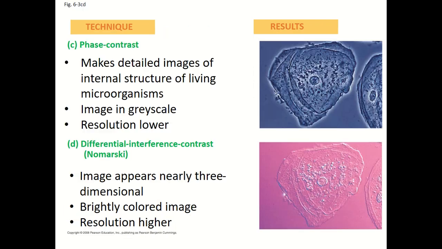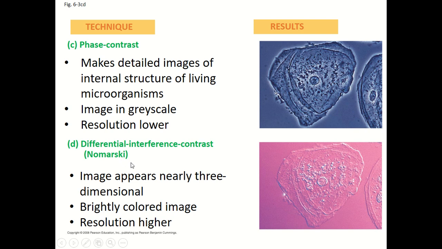Okay, and then the next technique in light microscopy is phase contrast. The figure here shows the detailed image of the internal structure of living microorganisms, which are animal cells, and the image is in grayscale, however the resolution is quite low compared to the Nomarski technique.